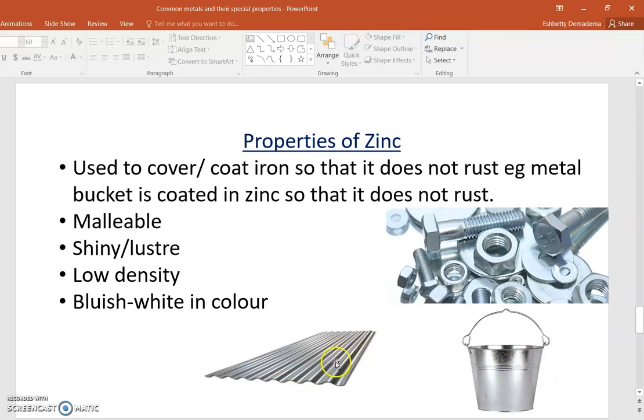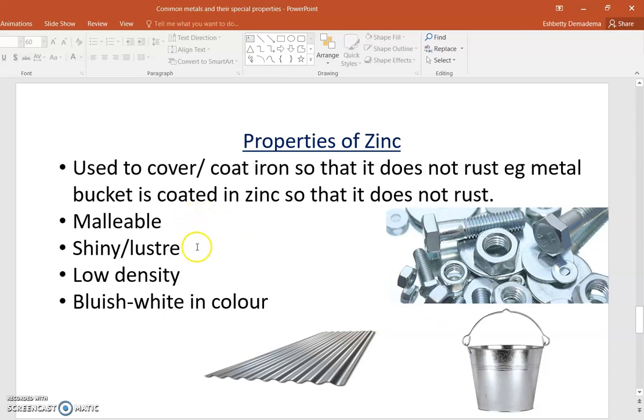These have been coated with zinc so that they do not rust. If you take a nail and you scratch this bucket, you'll find that it will start to rust by the scratches there, because you'll have removed the zinc that protects it from rusting.